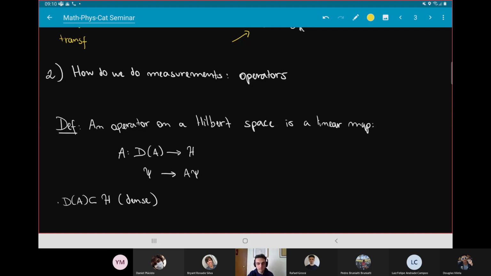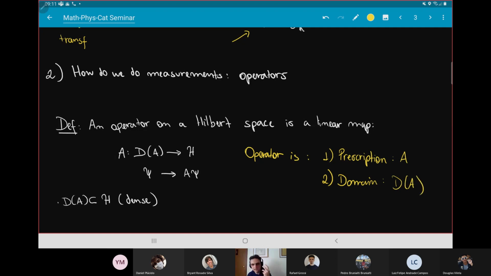It is actually a pair: the prescription, the linear map that takes in the wave function and spits out some value, and a domain in which that operator is valid, given by D(A). The idea behind the domain is that it is a dense subspace of the Hilbert space.